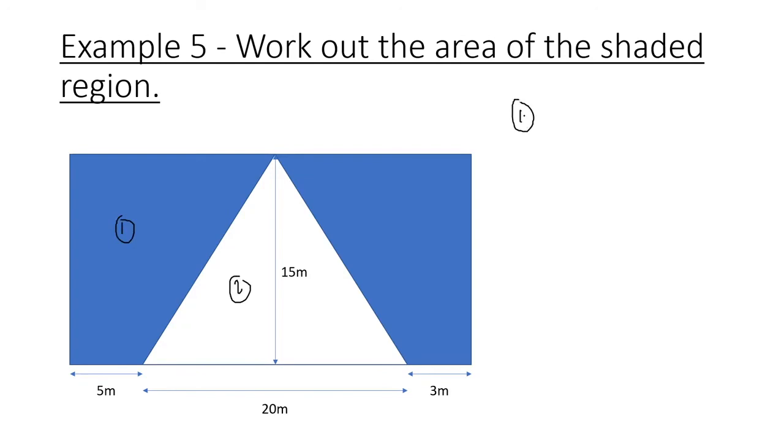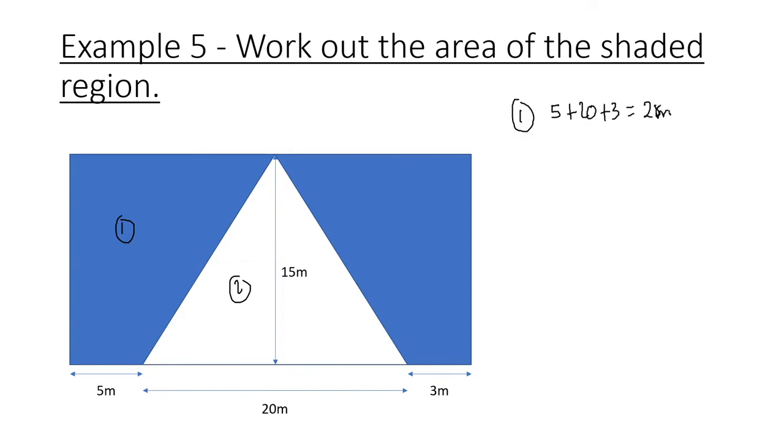The area of our rectangle is your base times your height, but you will notice that your base is split up into 3 segments. So first you're going to have to add your 3 lengths to find the total for the base of the rectangle, which is 5 plus 20 plus 3, which gives you an answer of 28.